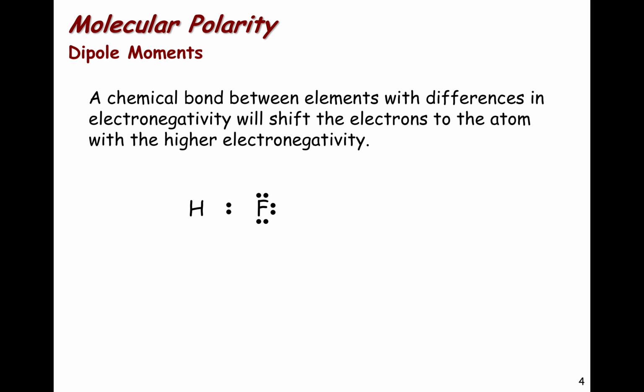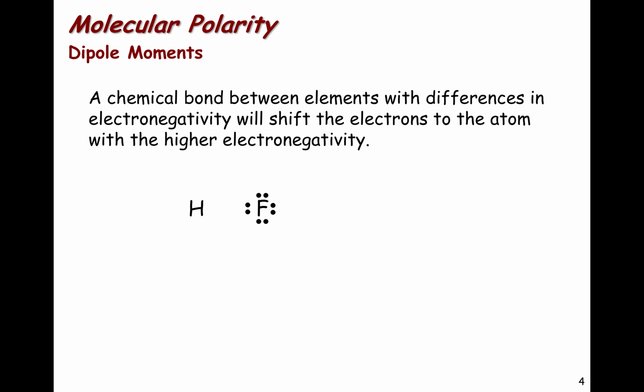The first of the intermolecular forces that we should discuss are a result of the forming of dipole moments. If you remember that when a molecule forms a bond, if there is an unequal sharing of electrons between two atoms due to differences in electronegativity, the pair of electrons that forms the covalent bond is drawn closer to one of the atoms and away from the less electronegative atom, as we see here in the case of HF.